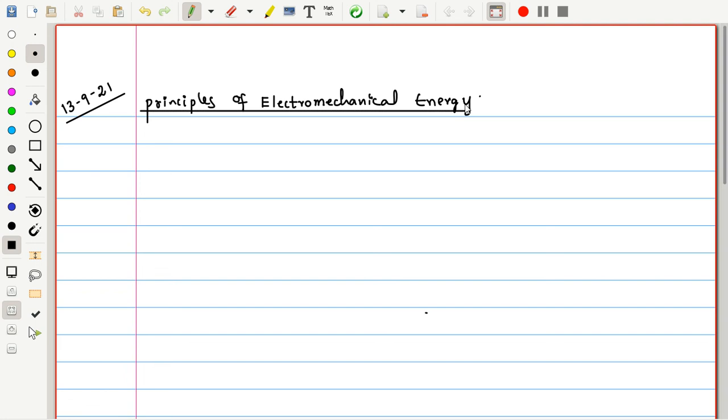Right. So in the last session, we were introduced to electrical machines. I will represent machine as M by C. These electrical machines will convert energy from one form to another form.